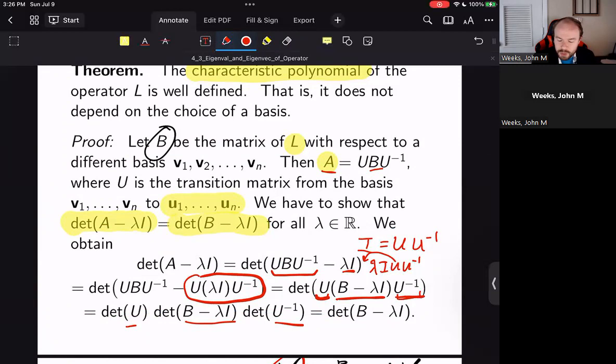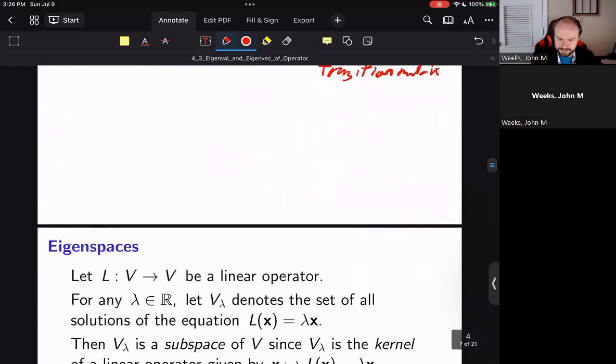We know that the determinant of U inverse is 1 over the determinant of U. We can do this because, again, U is non-singular, so it has a non-zero determinant. So we can cancel these two things and just get the determinant of B minus lambda I. Guess what? That's exactly the same equation as what we had before. We never had to specify a value for lambda. So a neat little proof trick there to show us how this sort of thing works.